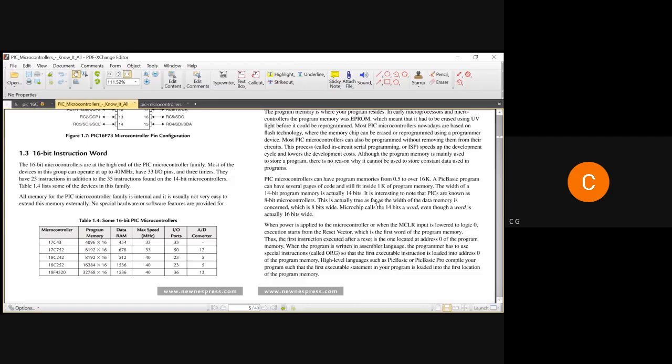Therefore it may give some difficulty in reading and processing the data.